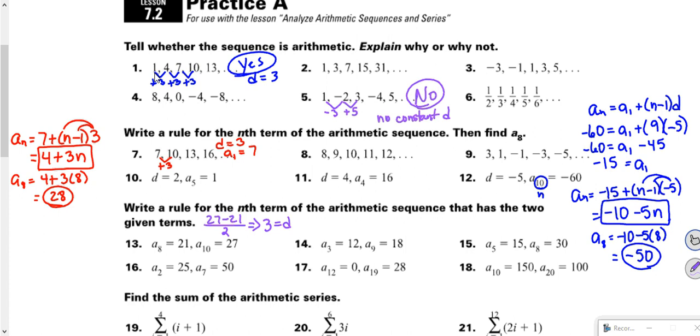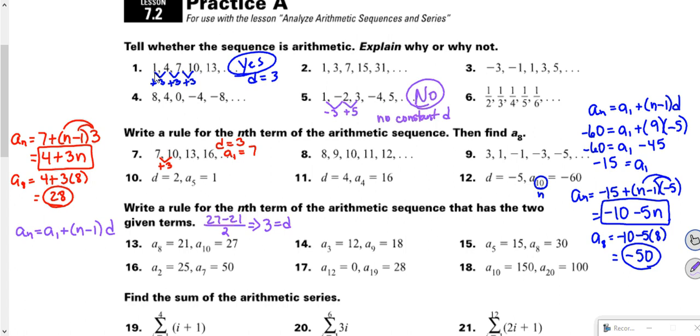Now we have to write the rule for the nth term. So that means that A sub n, oh wait, we also need to find A sub 1, right? So how would I find A sub 1 again? Kind of like I just did on number 12, you've got to work backwards. So let me write the formula: A sub 1 plus n minus 1 times D. Let's put in what we know.